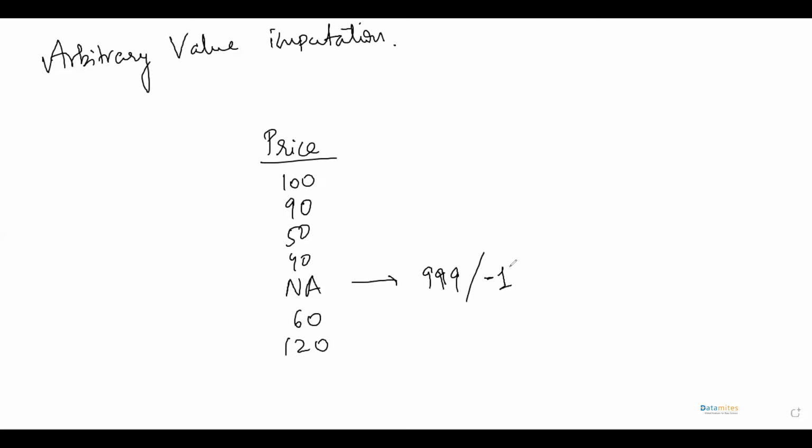Arbitrary value imputation is suitable for both numerical and categorical variables. Right now we are only observing numerical.